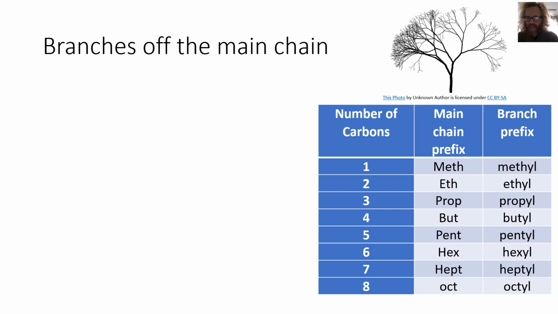And we name those branches the same bit of the prefix, but we add -yl, so meth becomes methyl for a single carbon group coming off the chain. Eth becomes ethyl. In reality, we're only really going to be dealing with the first 3 sort of chains.